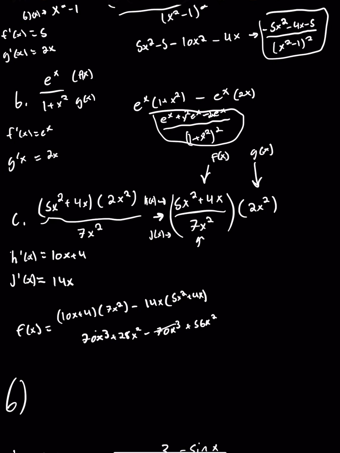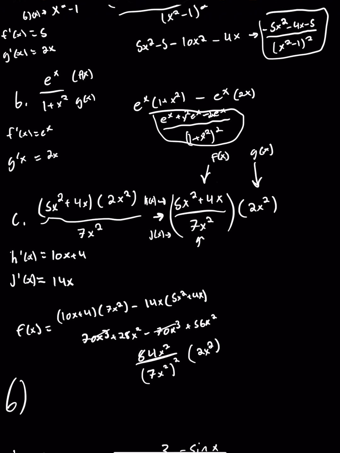Okay, so these cancel out and you're left with 56 plus 28 is going to be 84x squared over 7x squared. Okay, now let's times that by 2x squared. Okay, we're approaching the end.